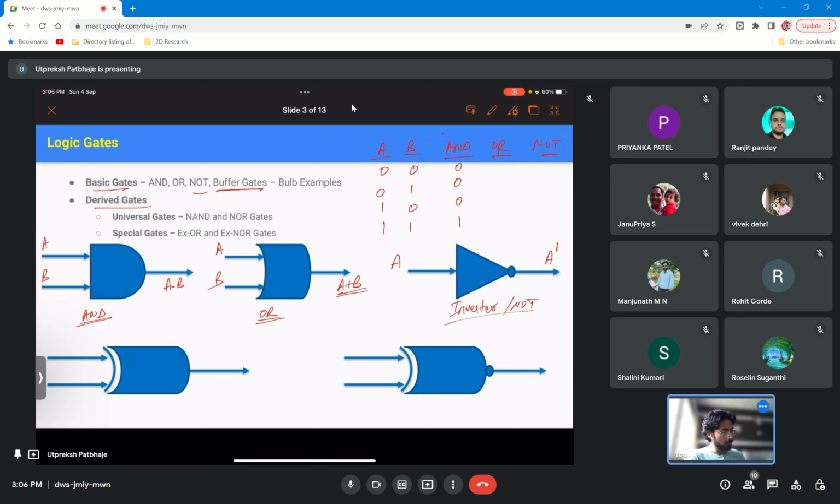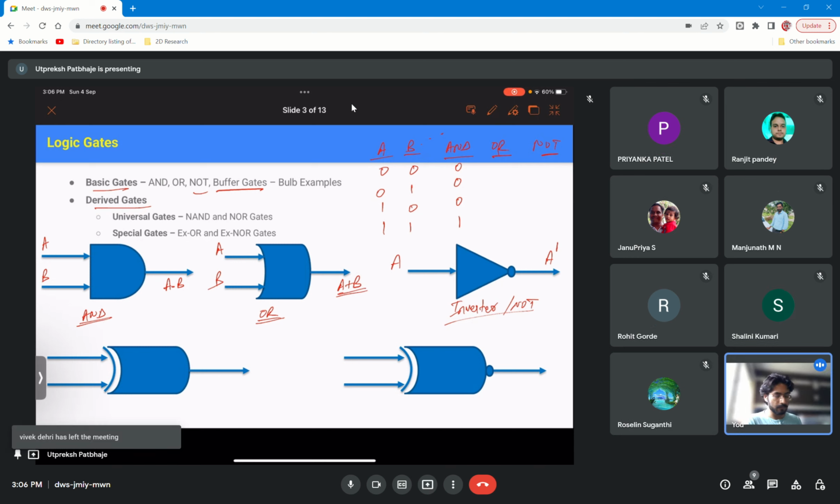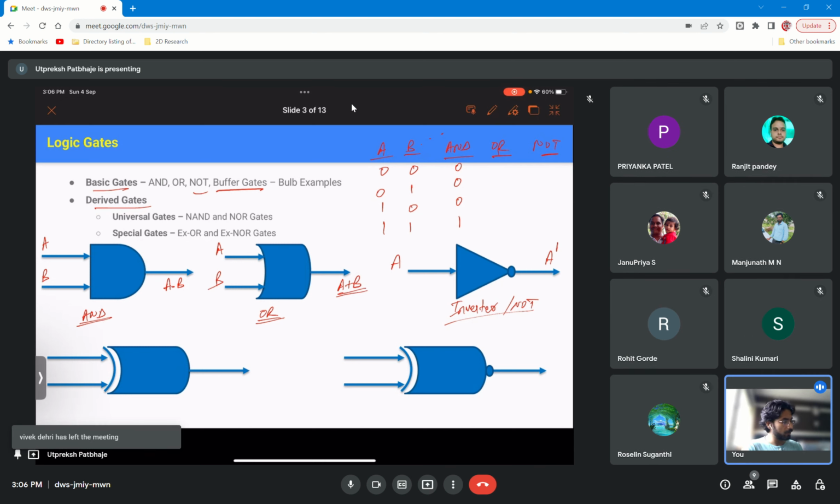The output will be 0 only when all of the inputs are 0. So your truth table will look something like this.